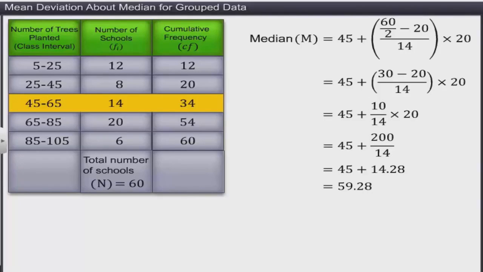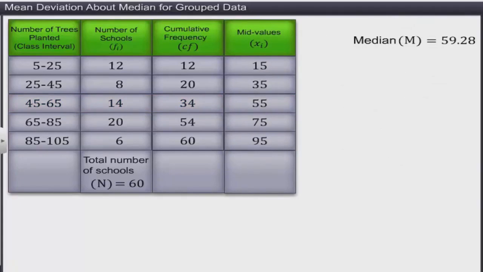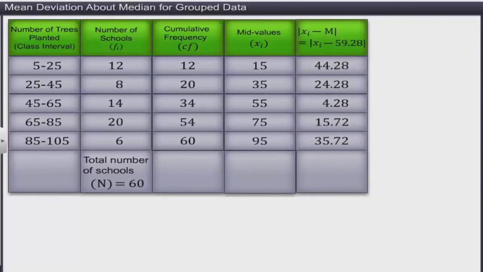Now, the mid-values of the class intervals are obtained as shown. Next, we'll find the absolute values of the deviations of the mid-values from the median, 59.28. Now, the products of the deviations and their frequencies are obtained as shown.